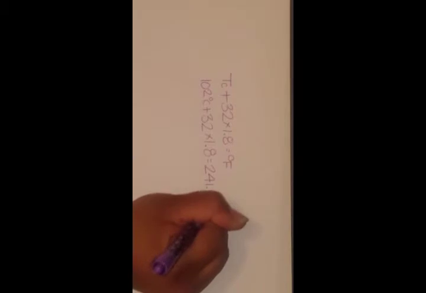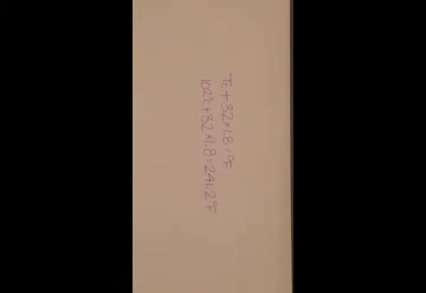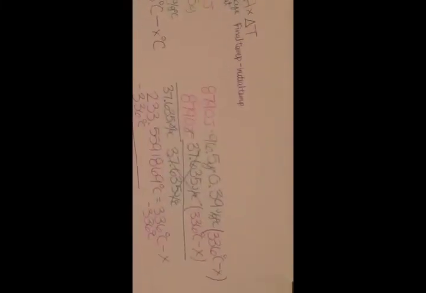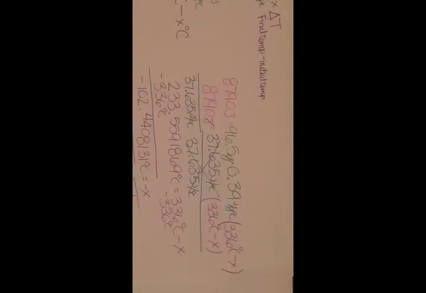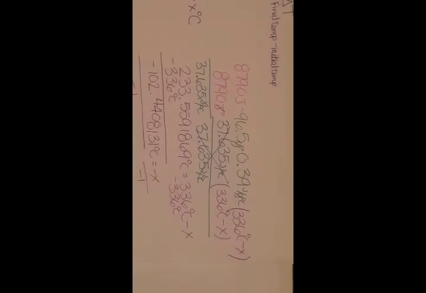241.2 degrees Fahrenheit. Now we want to remember and go all the way back to the beginning of our problem and see how many significant figures we had to begin with. And it looks like the smallest number of figures that we have here is 2 figures.